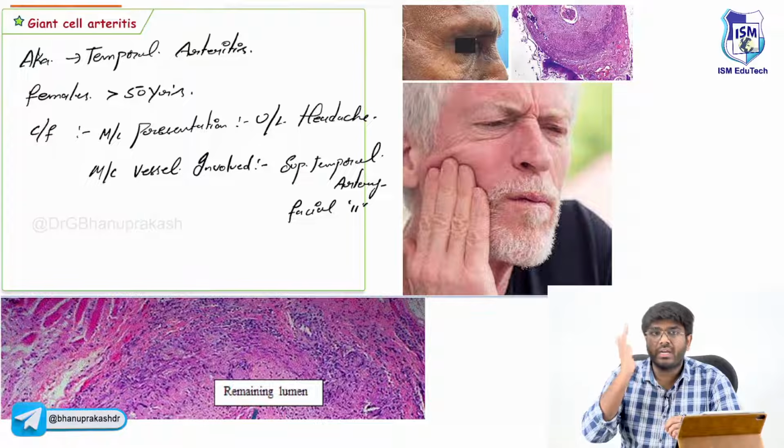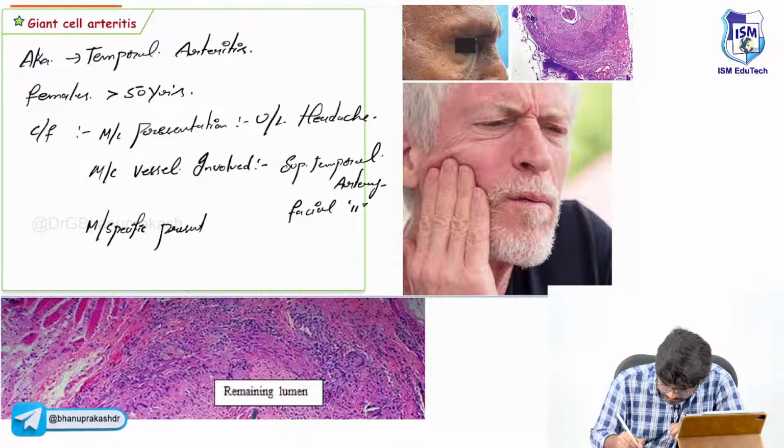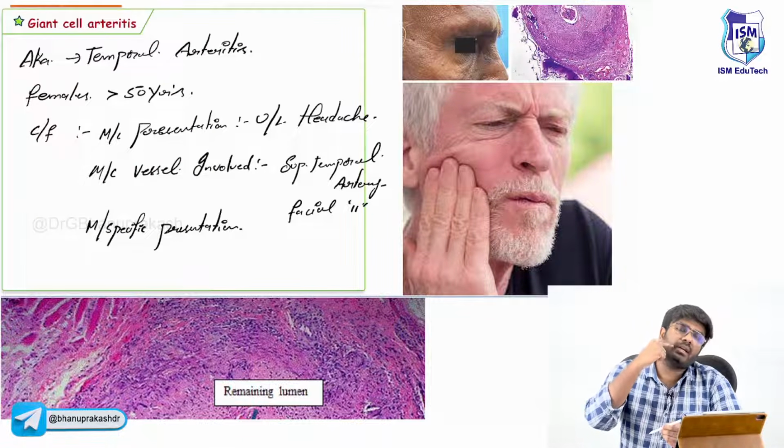Most common presentation is unilateral headache. Then what is the most specific presentation? Any idea? The facial artery takes a turn like this at the angle of the mandible. It's a tortuous blood vessel.